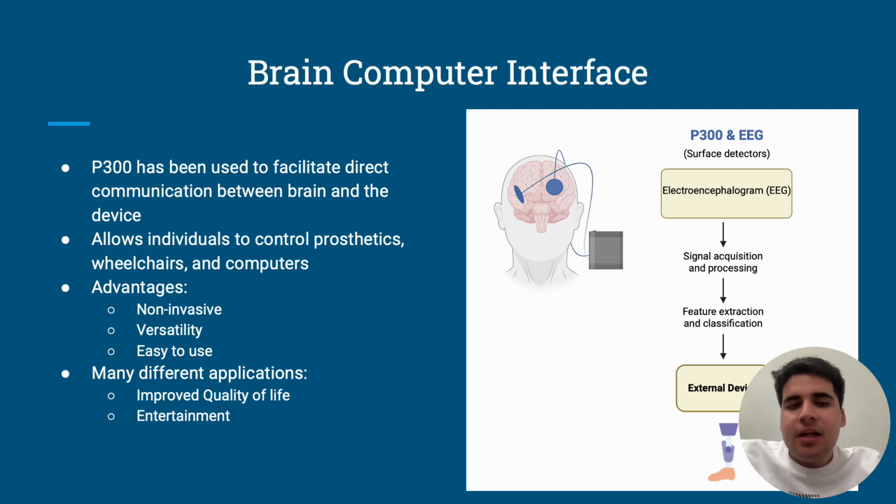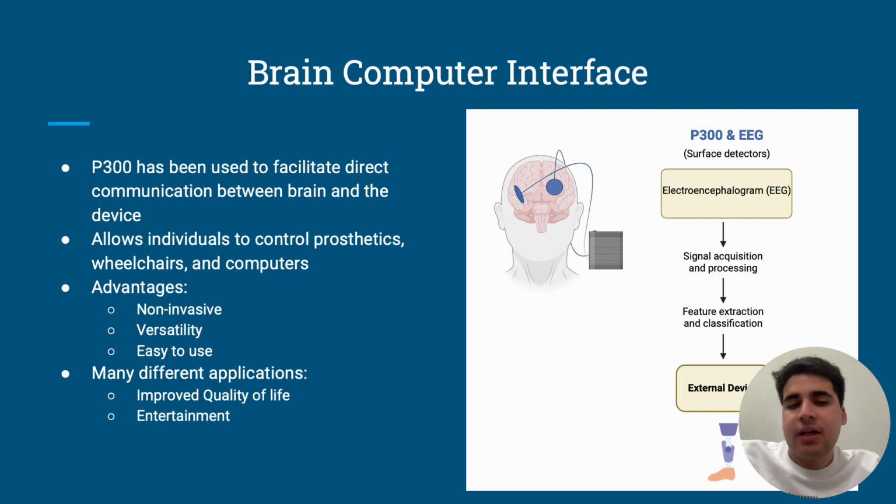So essentially, P300 has been used to facilitate this direct communication that brain computer interface involves, and this has allowed a wide variety of functions, at least in a research setting. For example, controlling prosthetics, wheelchairs, and even computers themselves, which has made these technologies a lot more accessible.